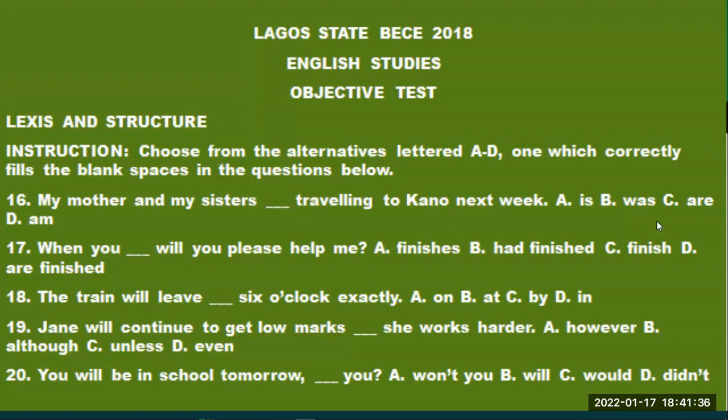That is the correct option. Option C is correct. Option D is am, and it cannot fit in here because it can only go with I. I am traveling to Kano next week. Question number 17. When you dash, will you please help me?